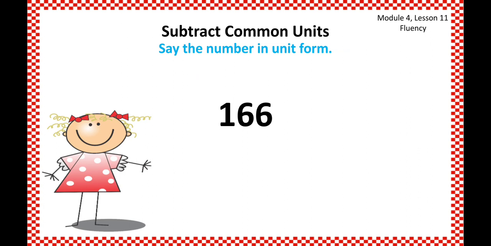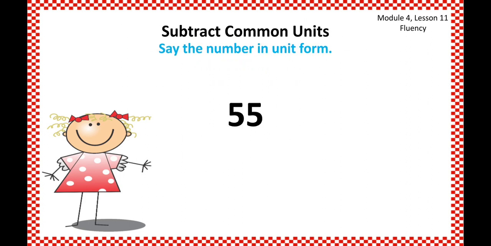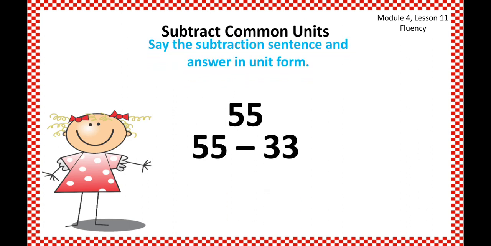166. Say the number in unit form. This is 1 hundred, 6 tens, and 6 ones. So let's do the subtraction now. 166 minus 44 is 122. So let's say 122 in unit form now. 55 minus 33 is 22.